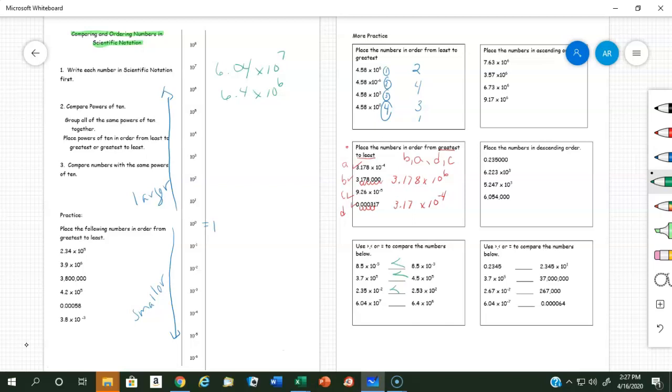So because this 10 to the 7th is larger than the 10 to the 6th, then that one is greater. So 6.04 times 10 to the 7th is greater than 6.4 times 10 to the 6th. And your assignment is to go ahead and check the other three. So do the other three boxes and then submit that for your assignment.